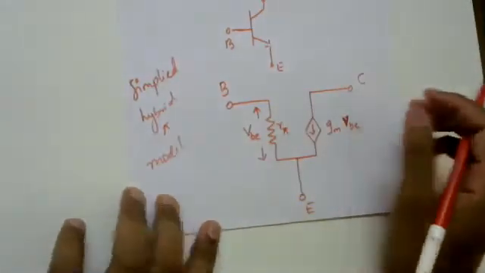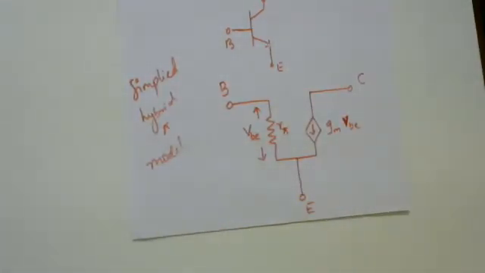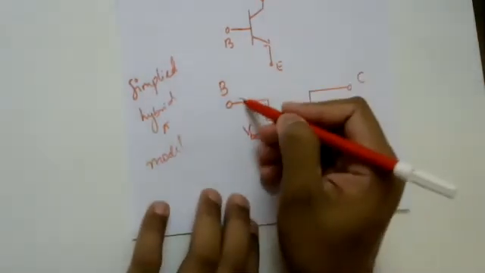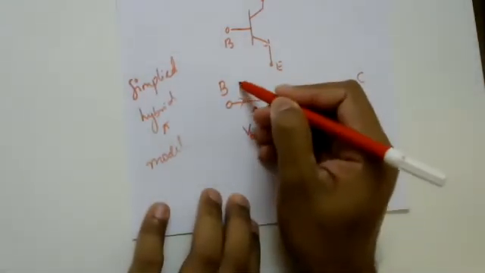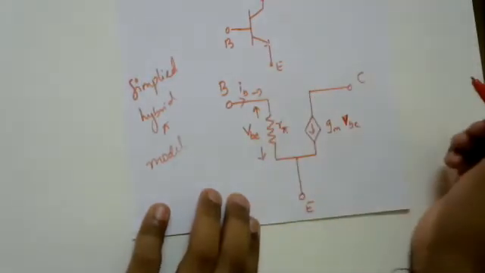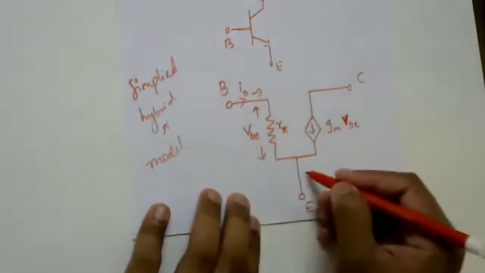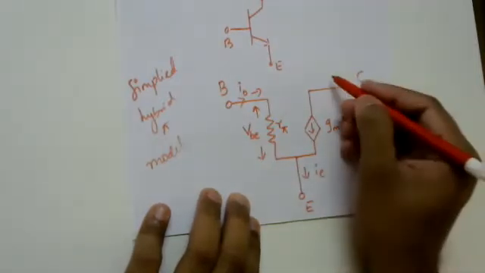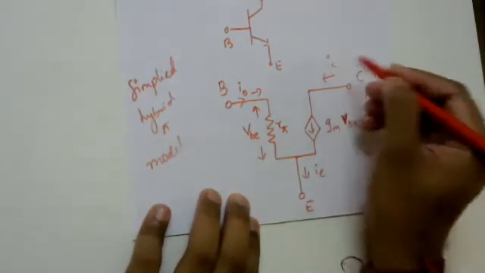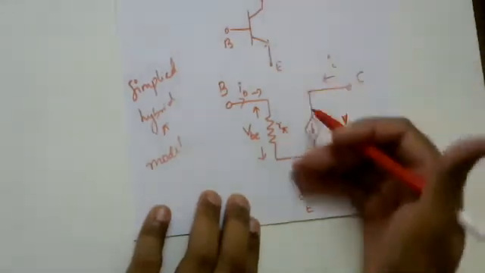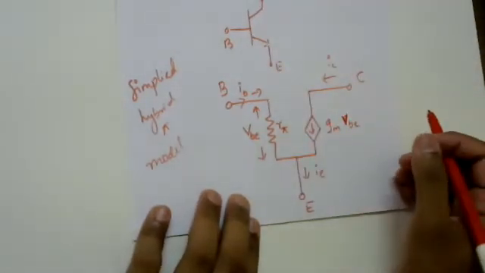In this, what you need to know is this is my base current IB, and it's going to flow like this. And my emitter current will flow through the emitter terminal, and the collector terminal current will be IC like this.